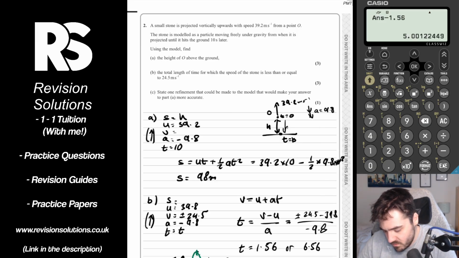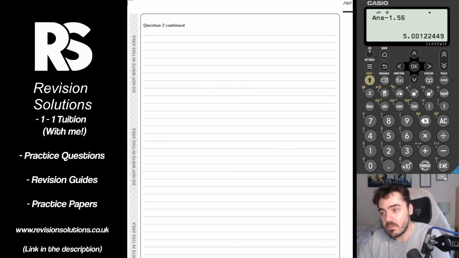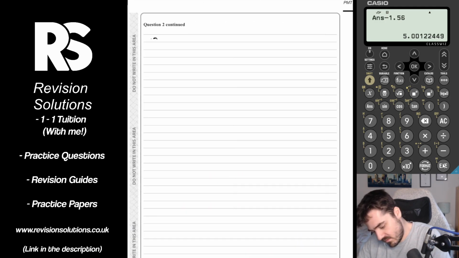Or we could also think, well, in reality, there's drag when we throw objects through the atmosphere. So I'll put that as the answer. So one refinement is to include a resistance to motion, a force that resists motion. That's part C.